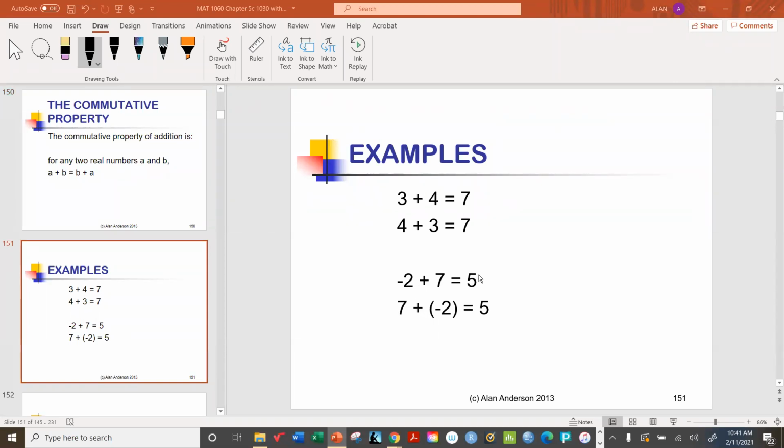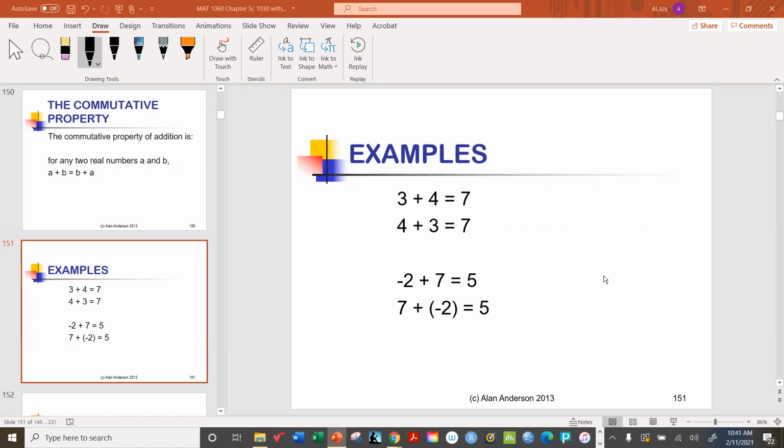Negative 2 plus 7 equals 5, but so does 7 plus negative 2. So therefore, you can see, and it turns out that we can prove that no matter what two real numbers we're looking at, this will always be true. And of course, you can prove it to yourself. You can punch these into your calculator and you'll always get the same results. But this is formally known as the commutative property of addition.